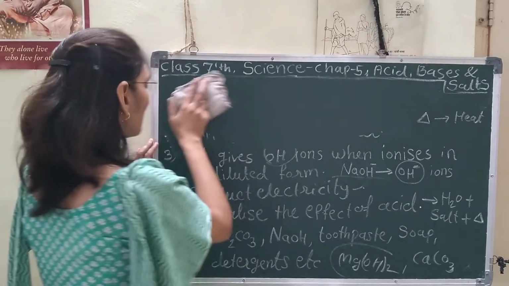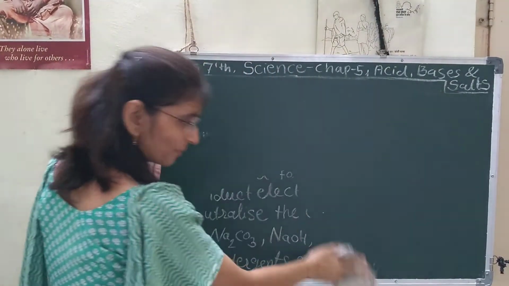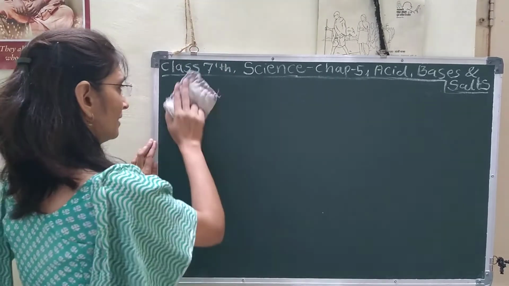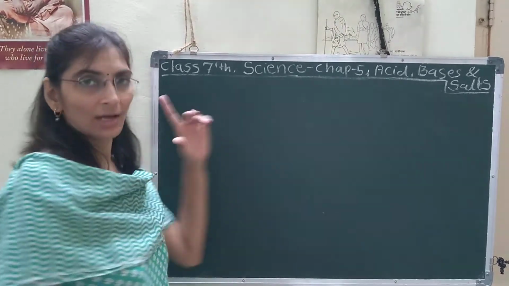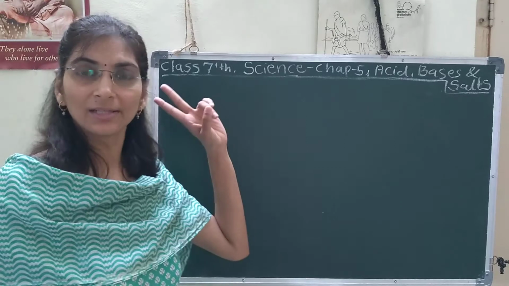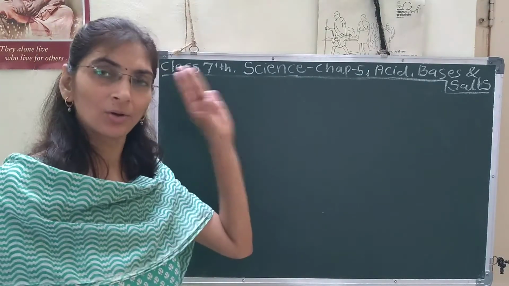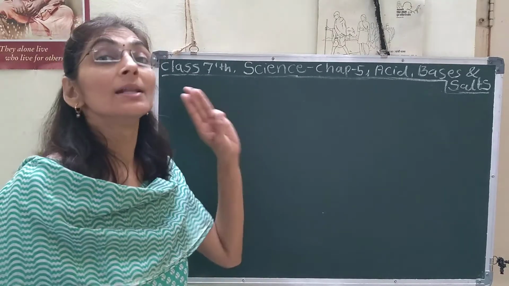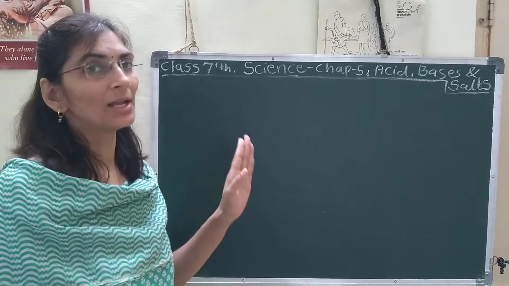So the next topic is the effect of indicators, or identification of bases by using indicators. Which types of indicators did we discuss in the last lecture? Turmeric indicator, then litmus indicator, and third, rose water or China rose indicator. These are natural indicators, and again we have discussed phenolphthalein.